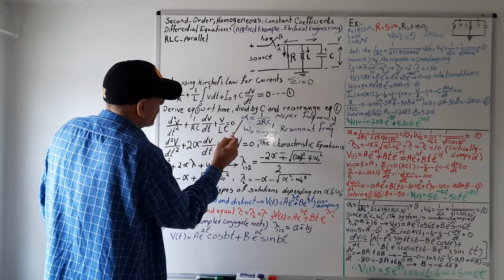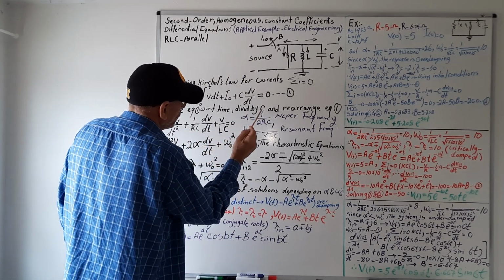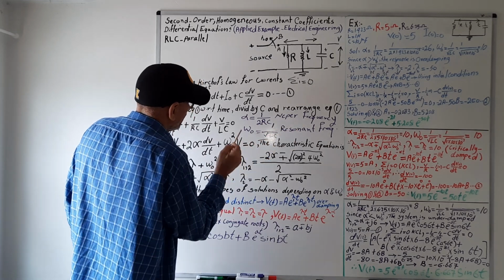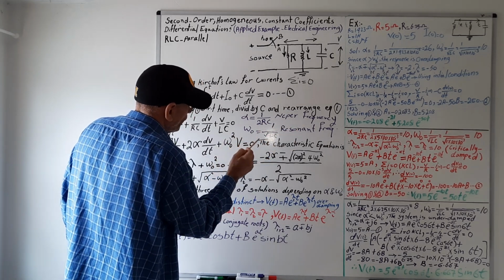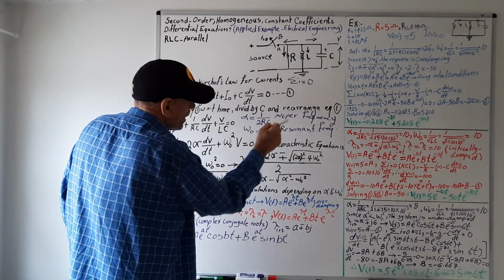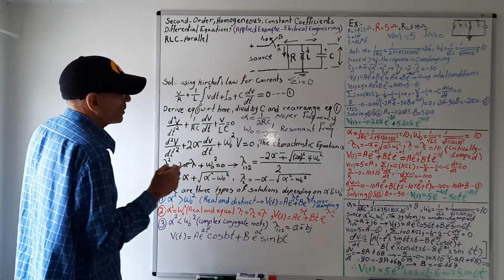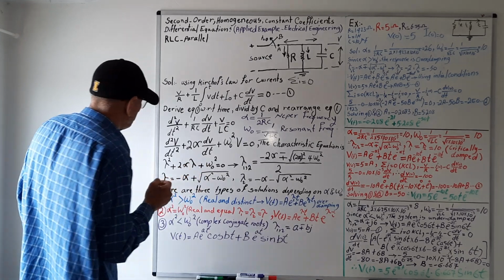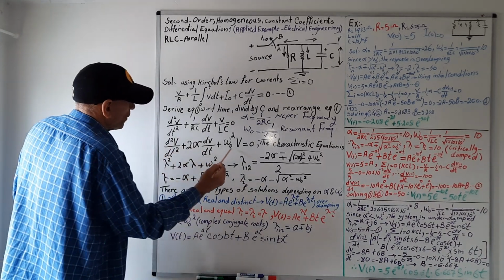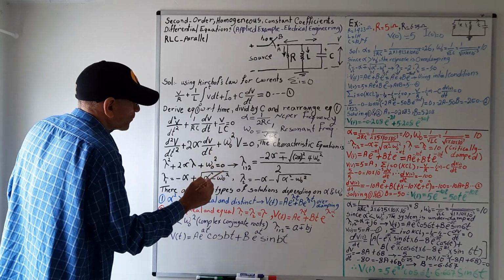Then we have alpha equal 1 over 2RC, called the Neper frequency, and omega naught equal 1 over the square root of LC, the resonant frequency. Their units are radians per second. This is our differential equation.